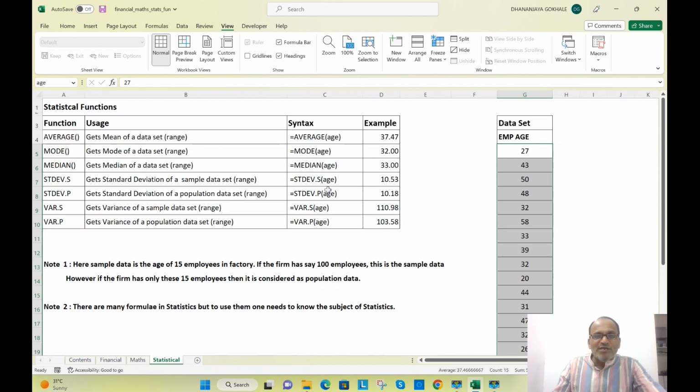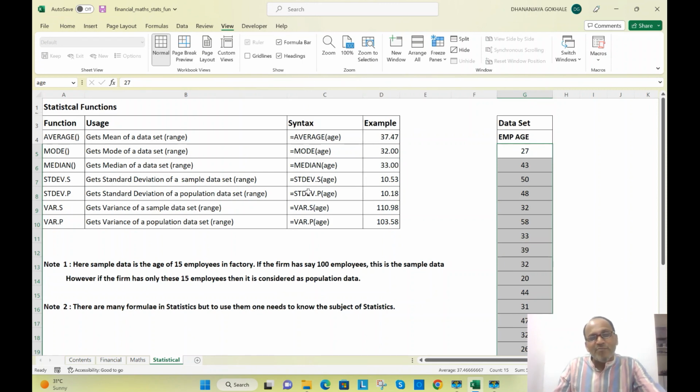And similarly, standard deviation of population. STDEV.P is the standard deviation of population. It means you collect the data of each and every person, that is what is known as population, and then take out the figure. So for the entire 500 students, you take all their age data and find out the standard deviation.